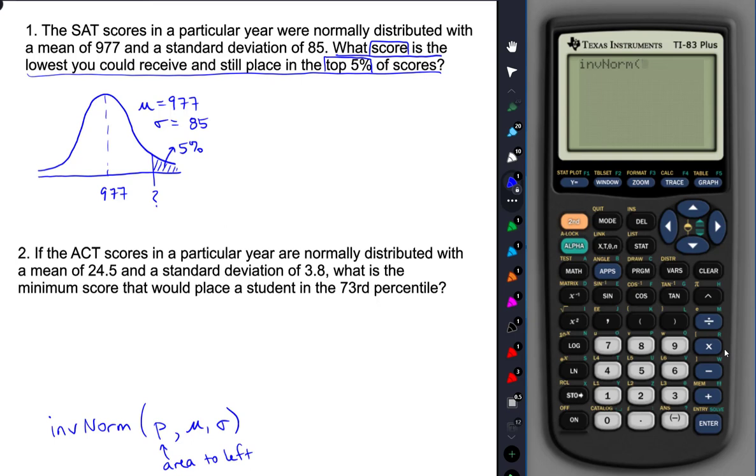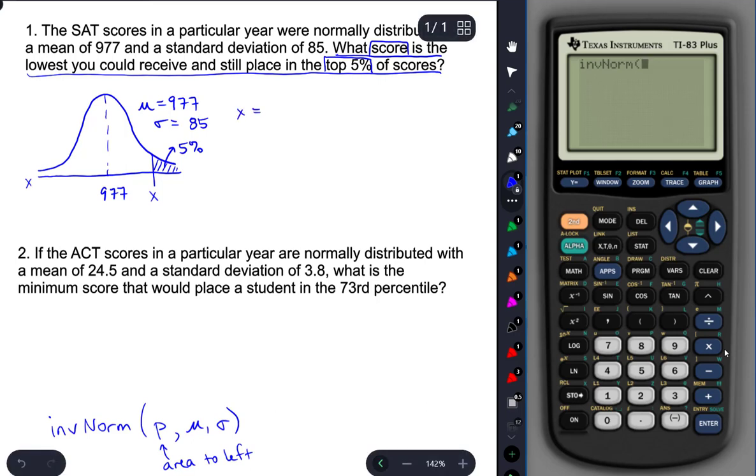What I'm looking for, this question mark that I've labeled, is an X value. So it's important that we understand that this horizontal axis is an X-axis. So the value that I'm looking for is on the X-axis, which means I need to use inverse norm to come up with that answer.